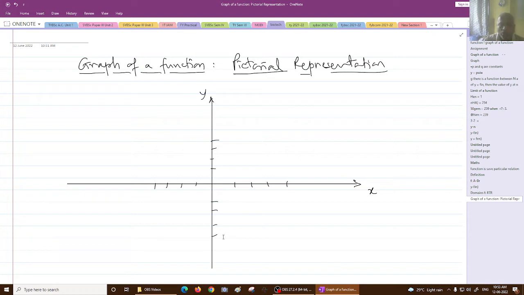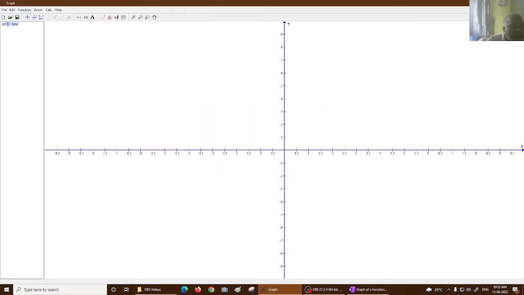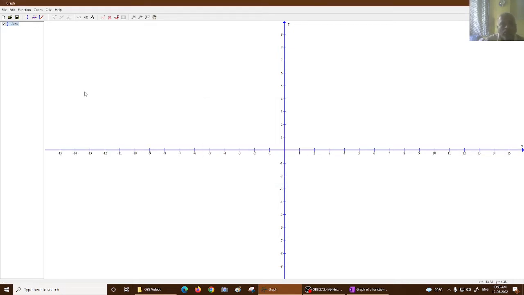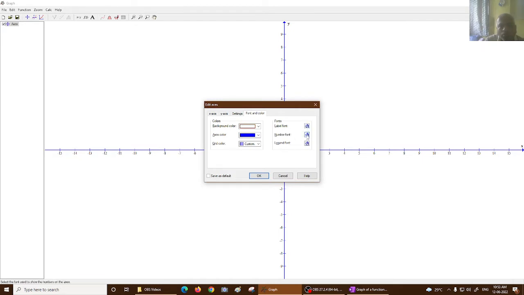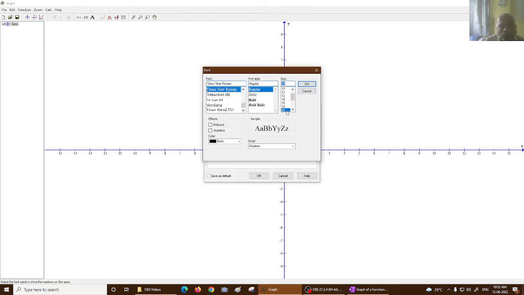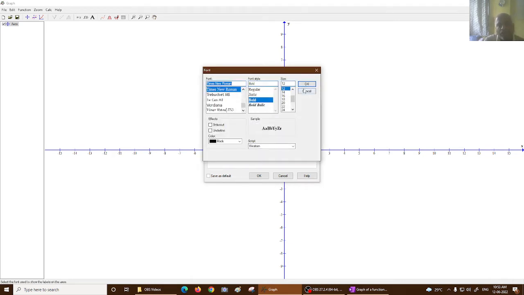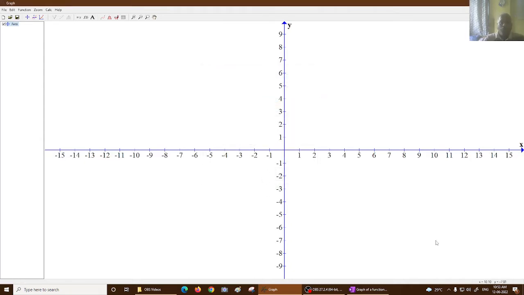Let me make some modifications and increase the size, so it will be easy for you to see those numbers. I hope you are now able to see those numbers.